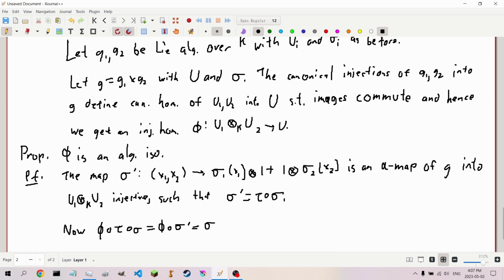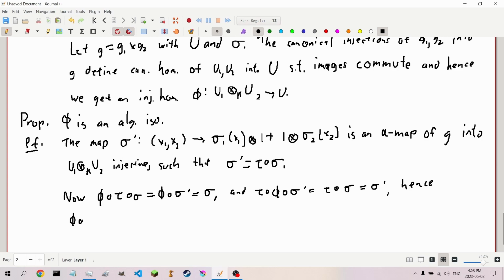And we similarly have the tau of phi of sigma prime is equal to tau composed with sigma, which is just sigma prime, hence that phi composed with tau and tau composed with phi are the identity map of U and U1 tensor product U2 respectively.